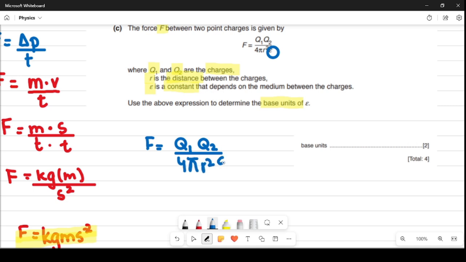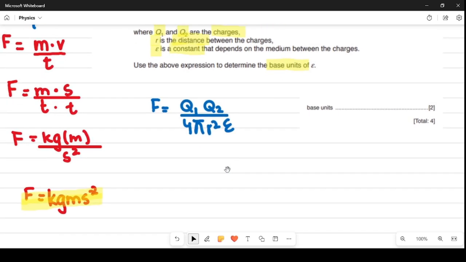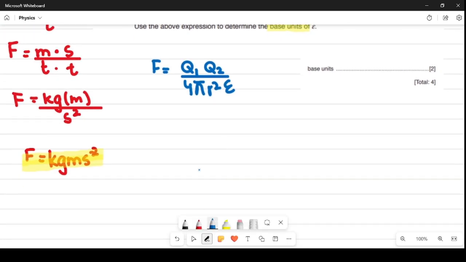Be very careful of the powers, because they tend to be written wrong, and then you get the wrong answer. So you have E is equal to Q1, Q2 over 4 pi r square F.